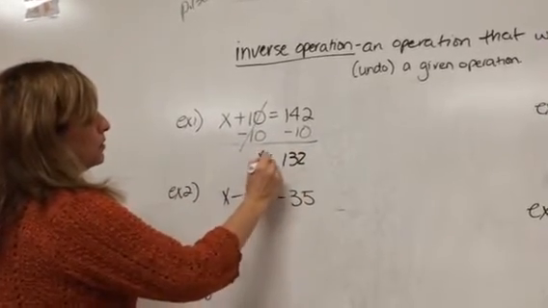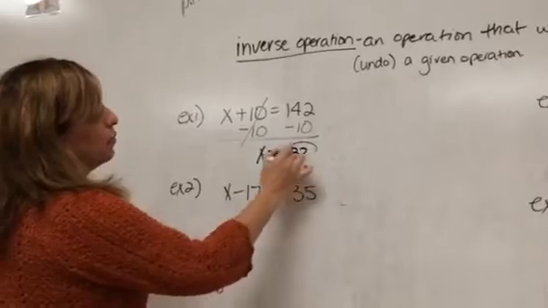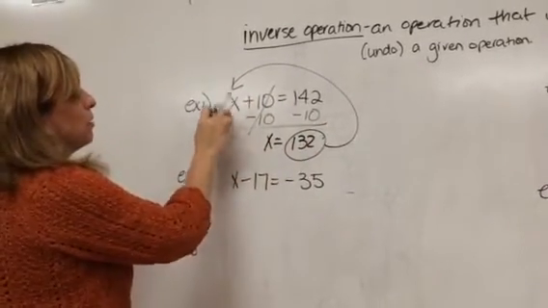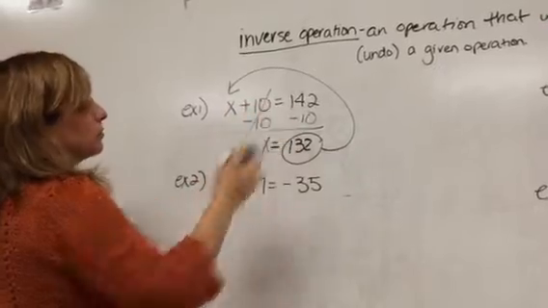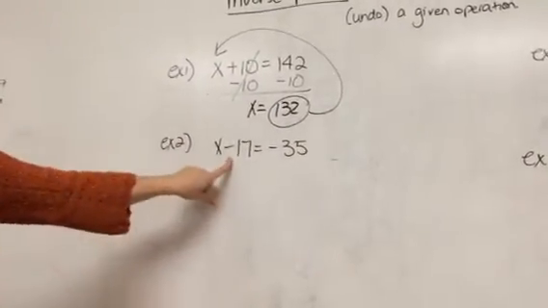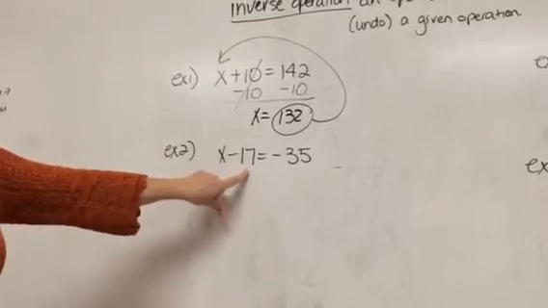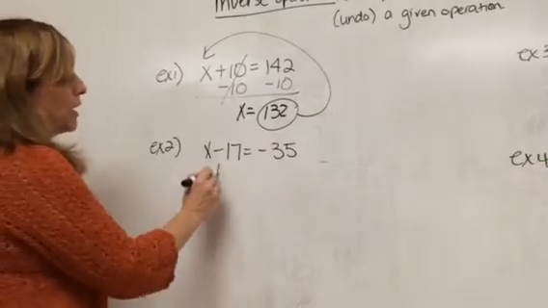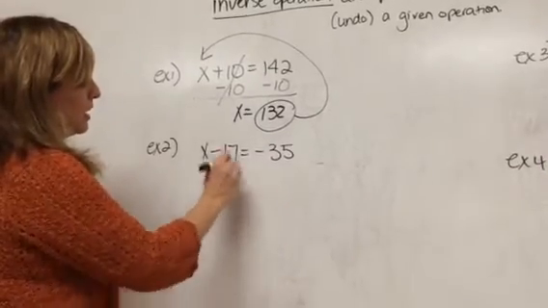So x equals 132. That means if I take 132 and I go back and substitute it in for x, 132 plus 10 equals 142. That is correct. Okay, what is the inverse operation of a minus 17? Well, the inverse operation to get x by itself is to add 17 to make that 0.